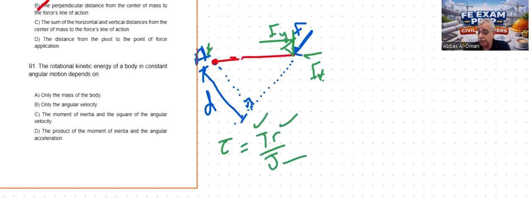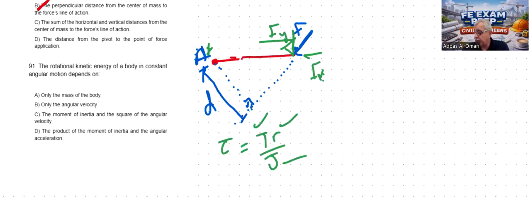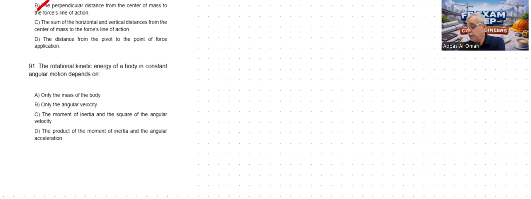Let me show you how to get the correct answer. We'll see how it is solved, but you can memorize the solution to save time. So this is about kinetic energy.